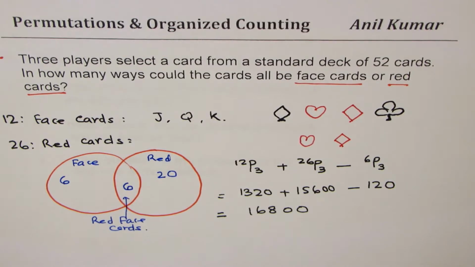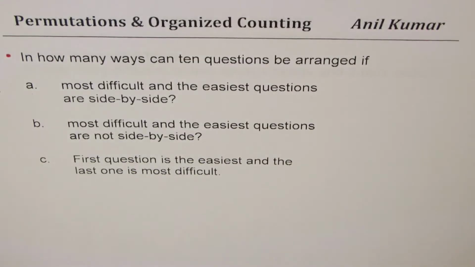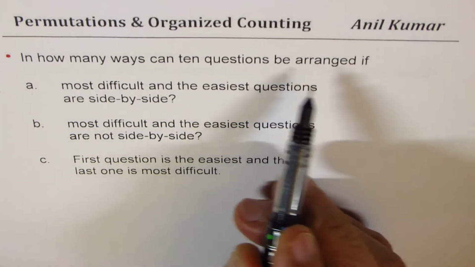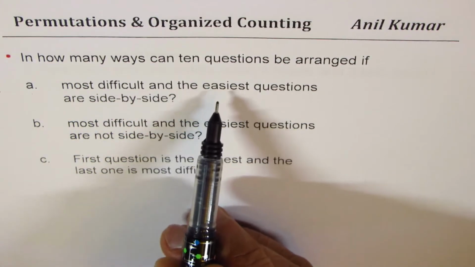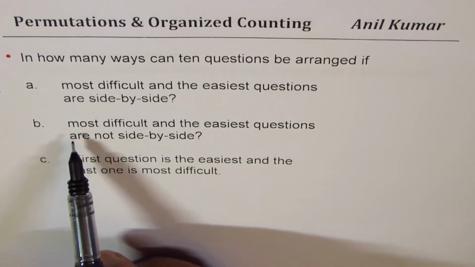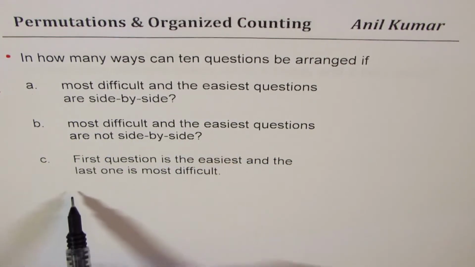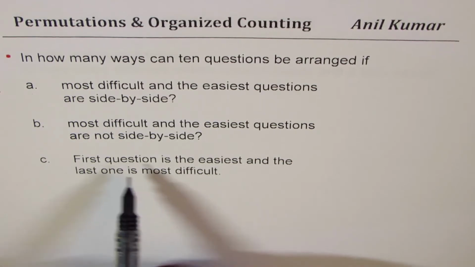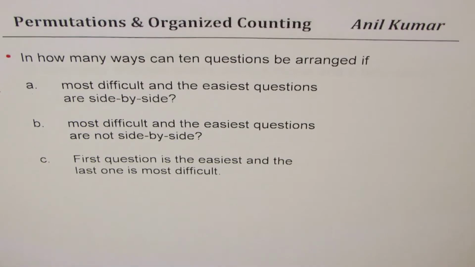Now let's move on and take up the next question. In how many ways can 10 questions be arranged if the most difficult and easiest questions are side by side? Part B is, the most difficult and easiest questions are not side by side. And then, the first question is the easiest and the last question is the most difficult.